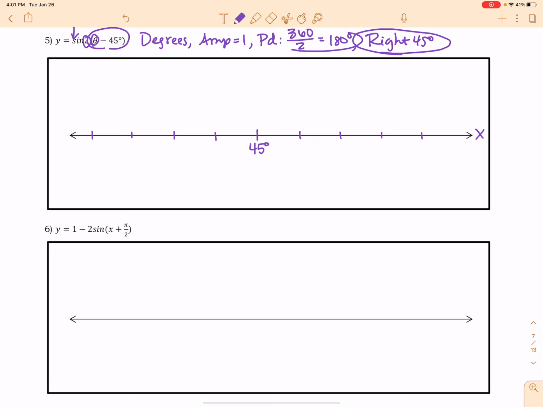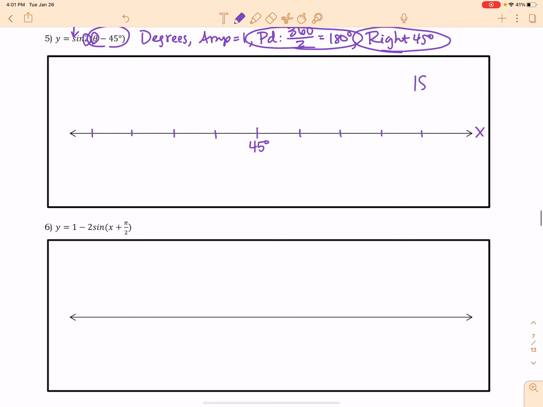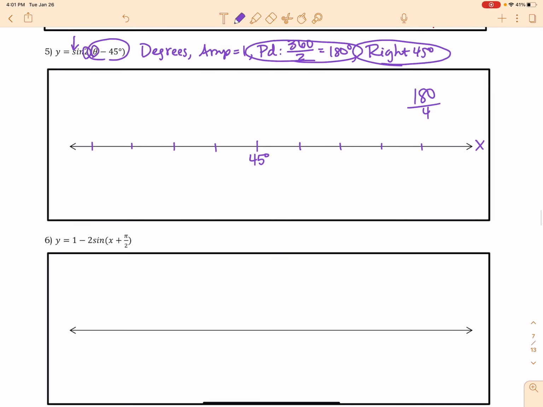Okay, the period this time is 180 degrees. That means I'm going to be cycling through right there. So between 45 and this mark, I need 180 degrees. So I'm just going to divide 180 by 4, and that way I'll know how much each space is worth. When I divide 180 by 4, I get 45 degrees.